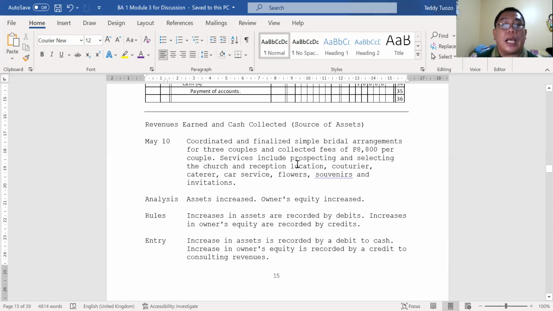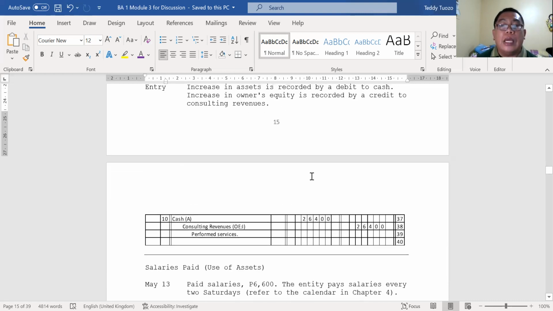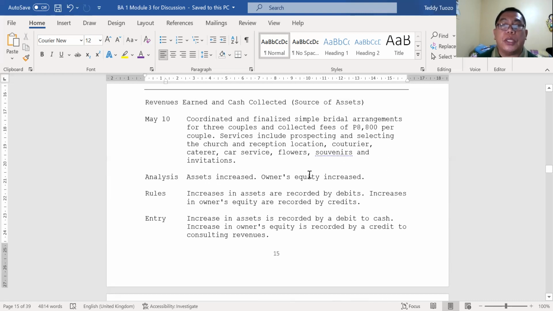I don't know what the account is here, so let's check what account is used in the problem. Consulting revenues. So the income account in this problem is consulting revenues. So an increase in asset in the form of cash for 8,800, and also an increase in consulting revenues for 8,800.